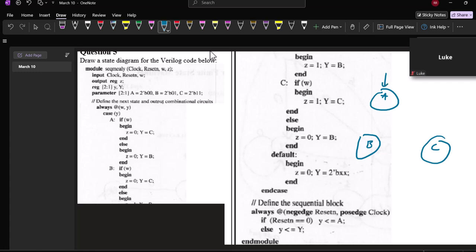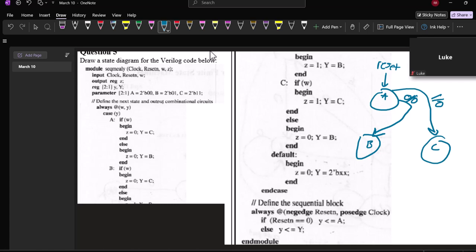A. And then what is coming out of A? 0, 0 to B. And 1, 0 to C. Because if W equals 1, we go to C, output 0. W equals 0, output is 0, and we go to B.